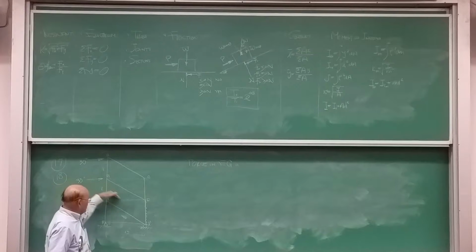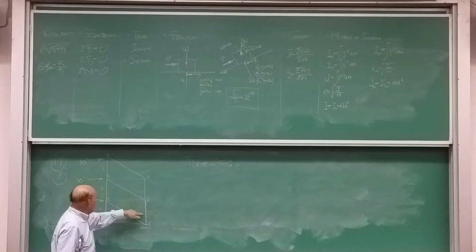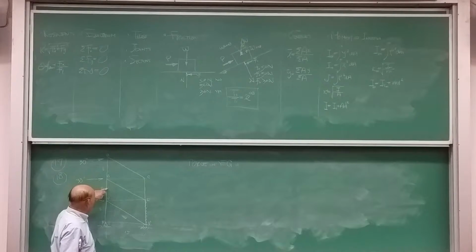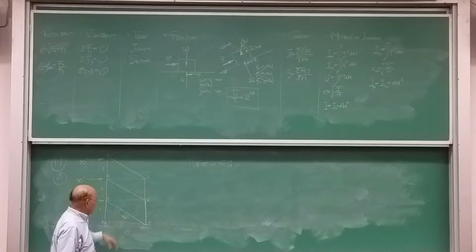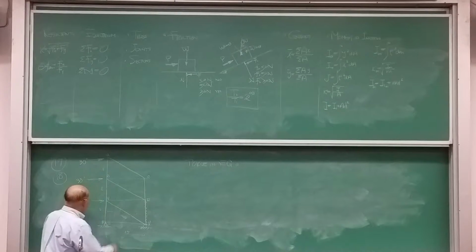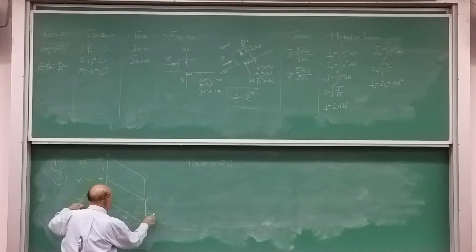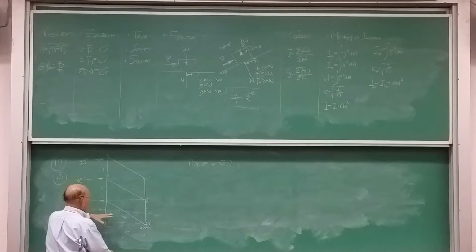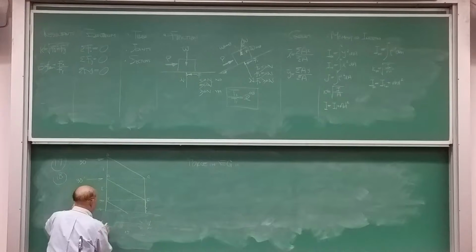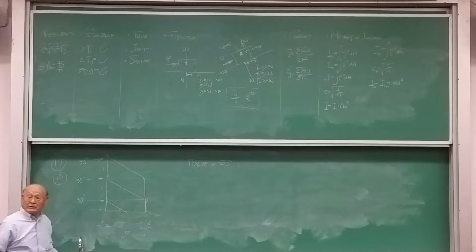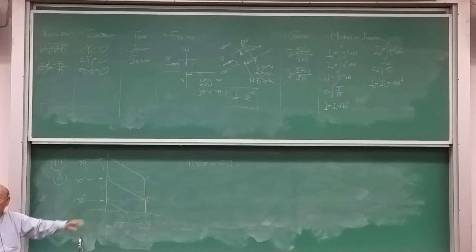I can cut this way, that gives 1, 2, 3 unknowns. I can cut this way, 1, 2, 3. Again, that's too many unknowns. How about cutting like this, and instead of keeping the bottom, I'm going to just keep the upper part. I don't have to worry about the reaction business.